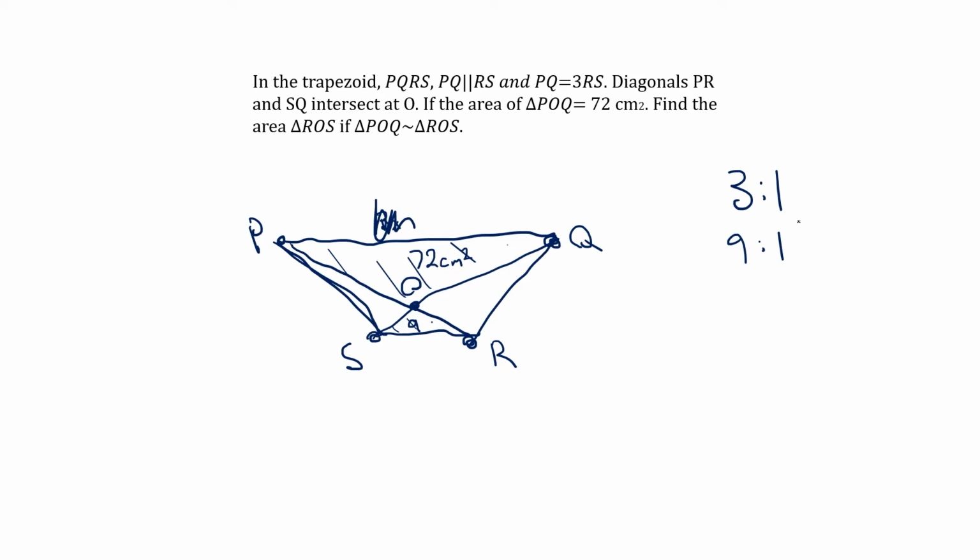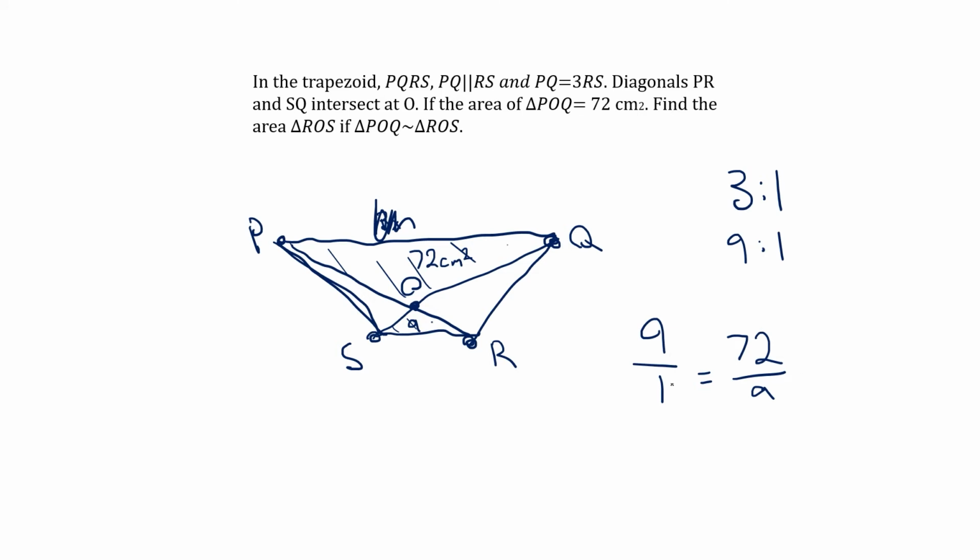You could just immediately see what you need to do here, but we're going to set up this ratio properly. So 9 over 1, that ratio needs to equal the ratio between these two areas as well. So 9 to 1, big over little, same as the big over little that the ratio is referring to.